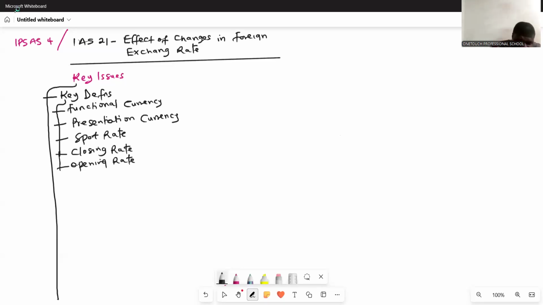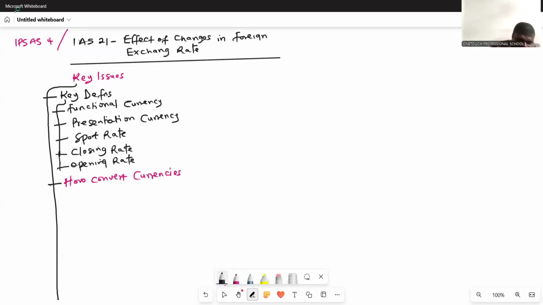Then the next thing is to know the translation or conversion, how to convert currencies.